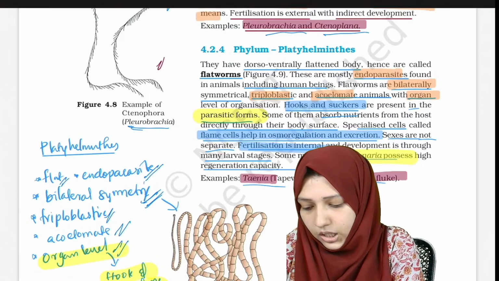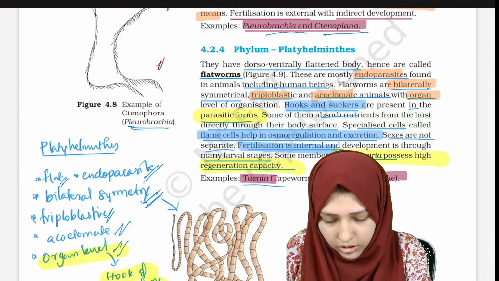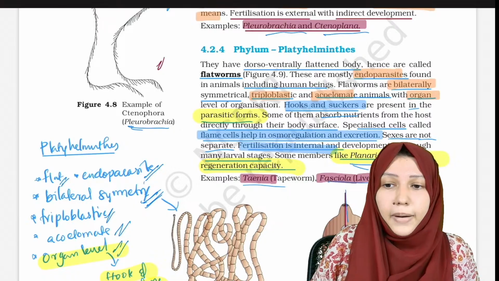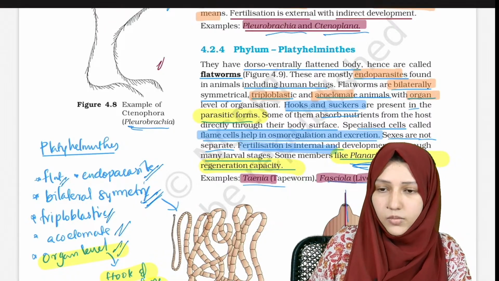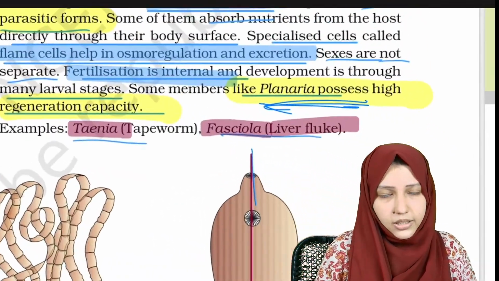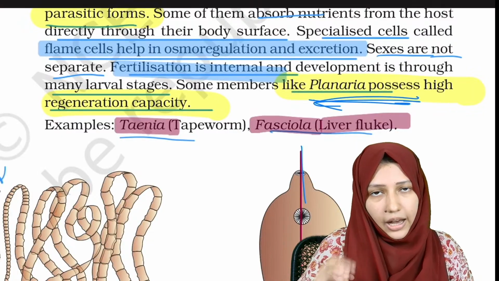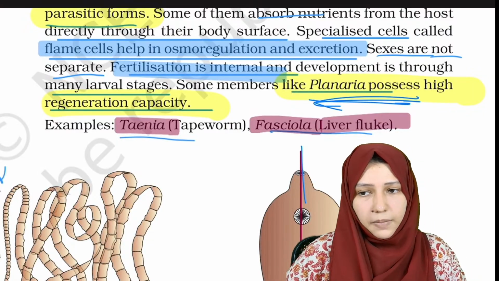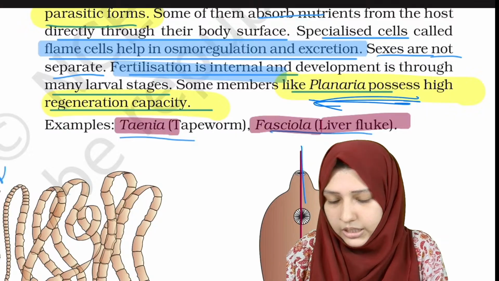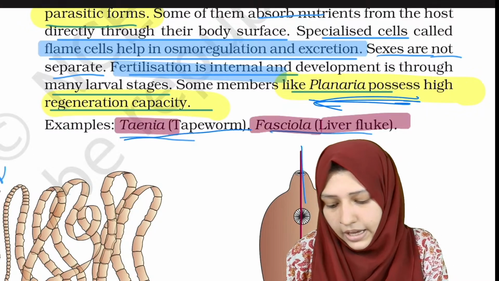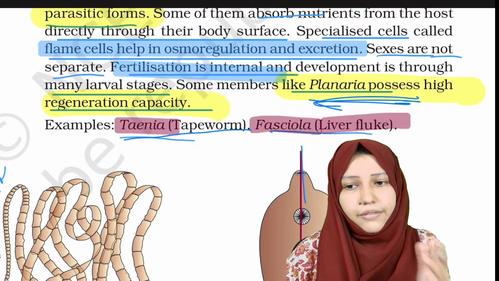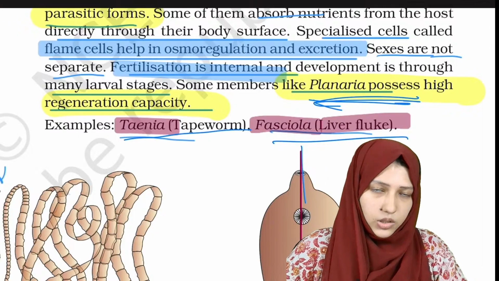So, this is a PYQ and you have to note it specifically. Planaria is an organism which is having high regeneration capacity. And what are the examples? Taenia, which is a tapeworm, and Fasciola, liver fluke. This liver fluke will cause many diseases which you will study further.